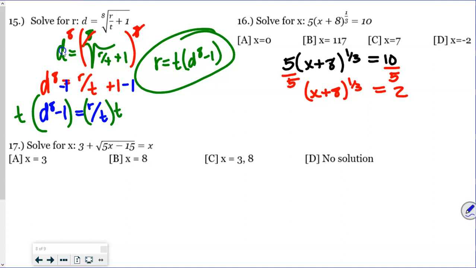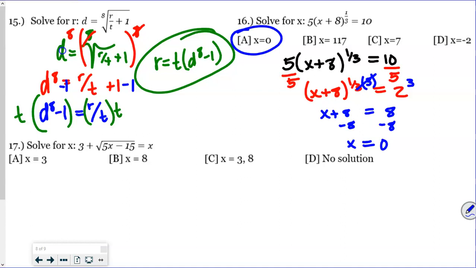Don't I multiply by its reciprocal, which is 3? I do. So this is going to take care of all that. That's going to give me x plus 8. 2 times 2 times 2 is 8. And then aren't we going to subtract 8 from both sides? Indeed. So that's going to be x is equal to 0. And if you put 0 in there, if you take 8 to the 1/3 power, that's 2, and 2 times 5 is 10. So that is the correct answer.